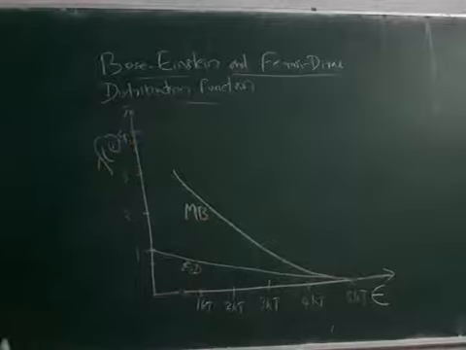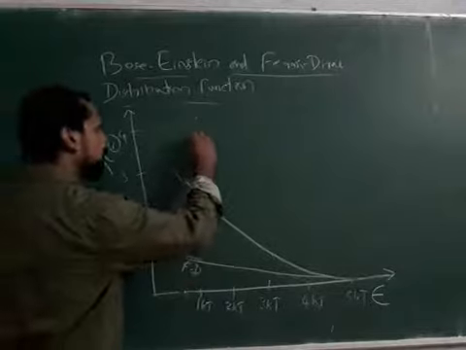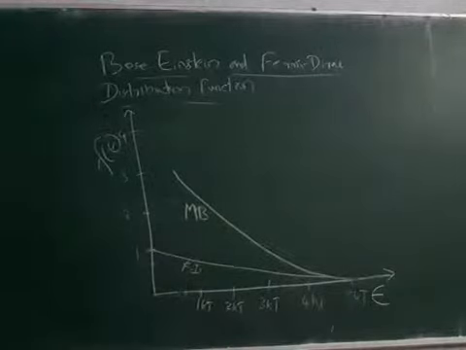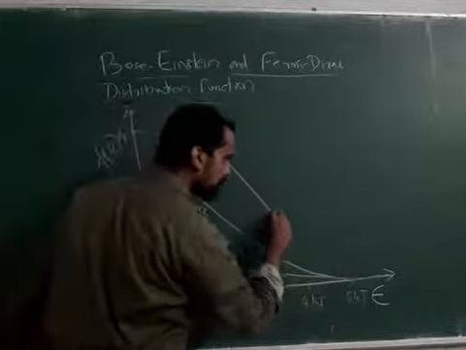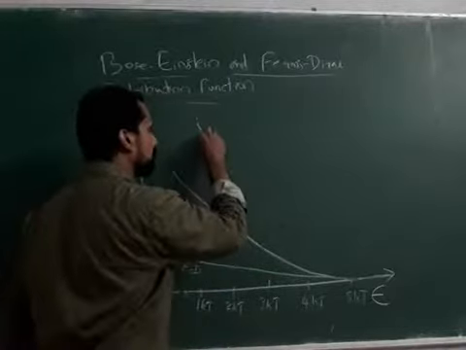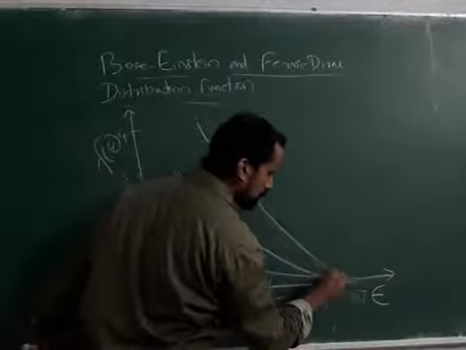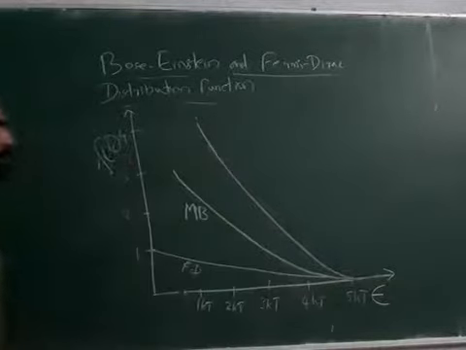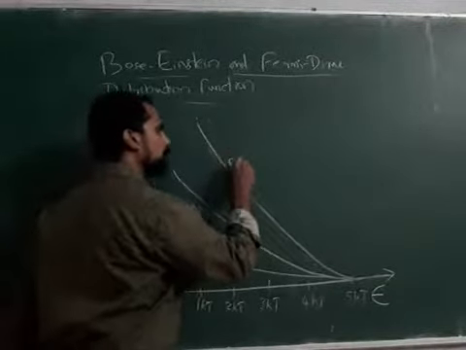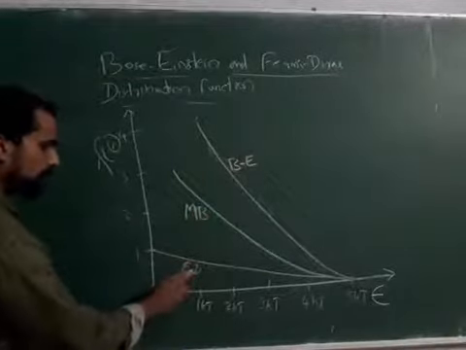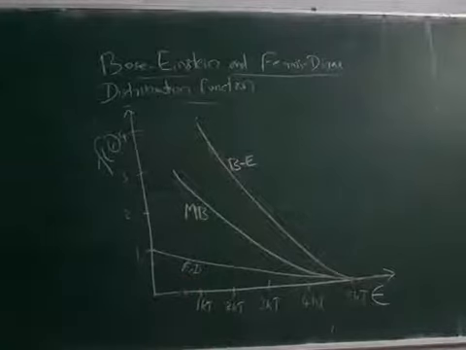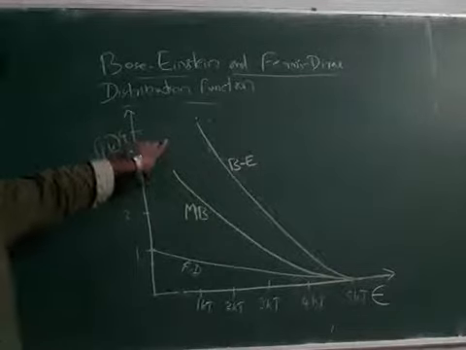Maxwell-Boltzmann, and finally we will write the Bose-Einstein. Bose-Einstein will come like this. This is the Bose-Einstein distribution function, then Maxwell-Boltzmann and Fermi-Dirac. So this is the way the things are changing. So here, if you draw it, you will get it like this.